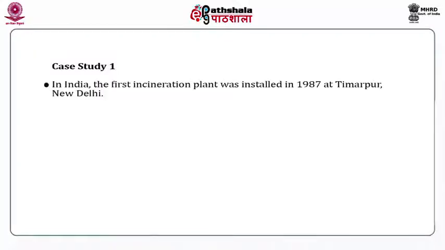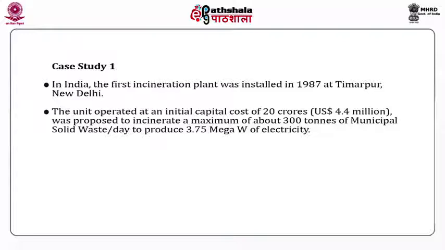Now, we will see the first case study. In India, the first incineration plant was installed in 1987 at Timarpur, New Delhi. The unit operated at an initial capital cost of 20 crores. It was proposed to incinerate a maximum of about 300 tons of municipal solid waste per day to produce 3.75 megawatt of electricity.